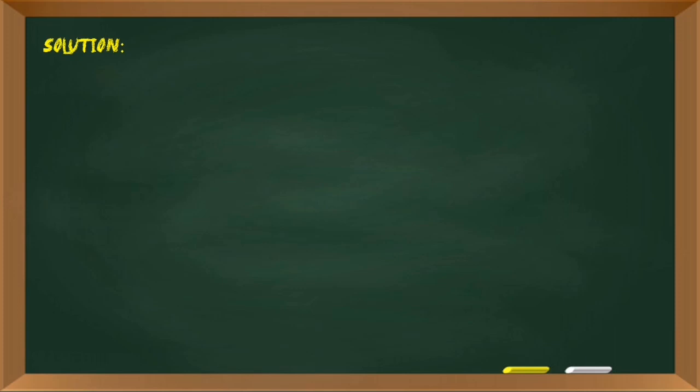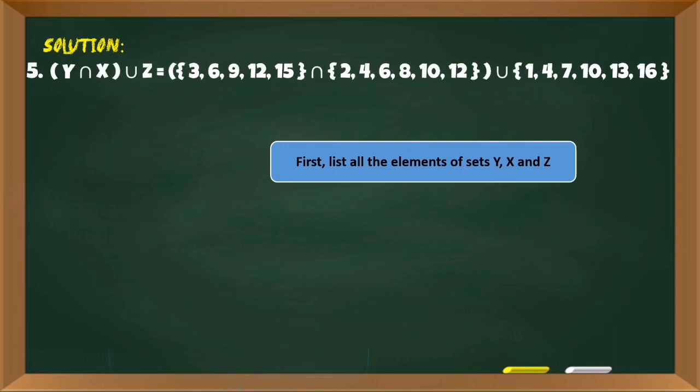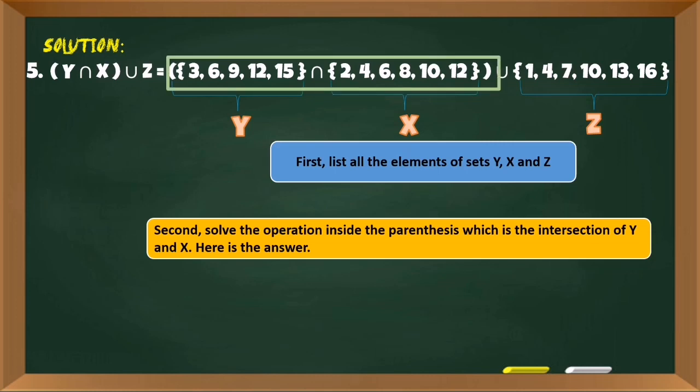Now we're done to our last example. Let's have number 5. First, list all the elements of sets Y, X, and Z. So these are the elements of set Y, set X, and set Z. Second, solve the operation inside the parenthesis, which is the intersection of Y and X. The elements common to both Y and X are 6 and 12.